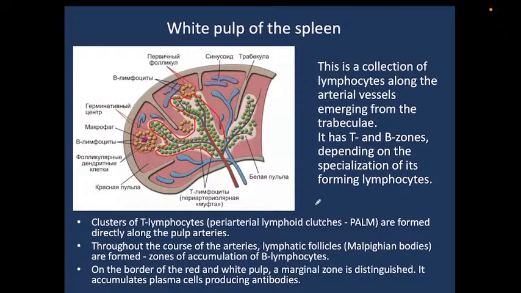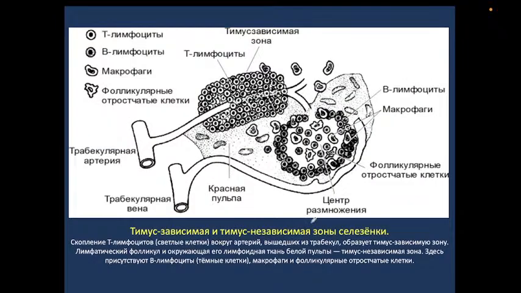Both zones, T and B zones, form lymphocytes. There are different clusters, and we usually see the border between red and white pulp in the spleen very well.